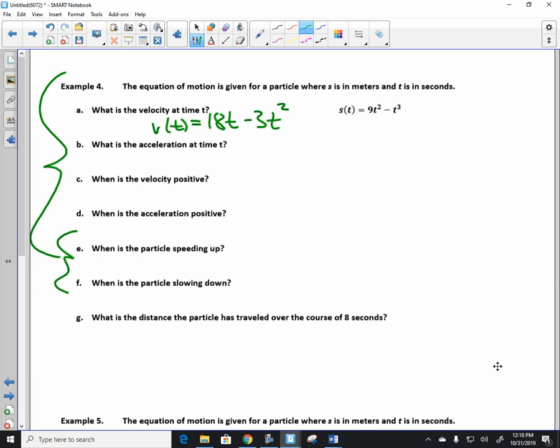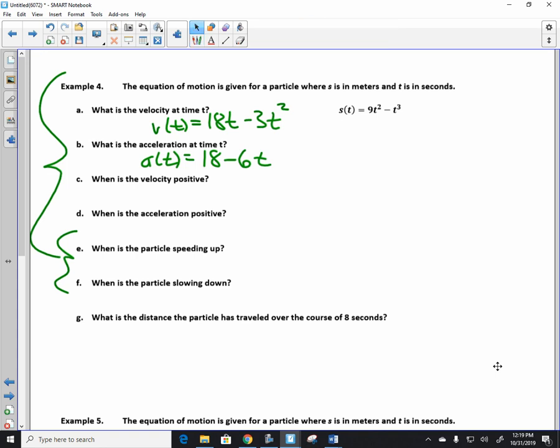So acceleration is the second derivative. What is the derivative of 18t minus 3t squared? 18 minus 6t. Is everybody okay with that? Are there any points of confusion?